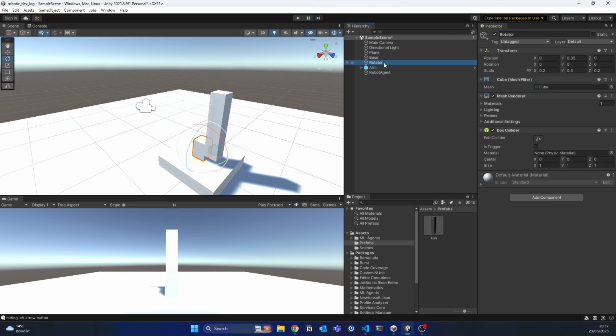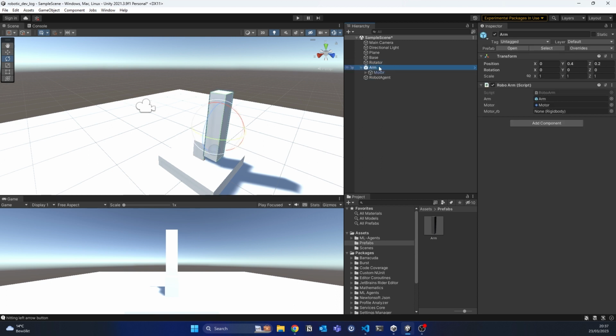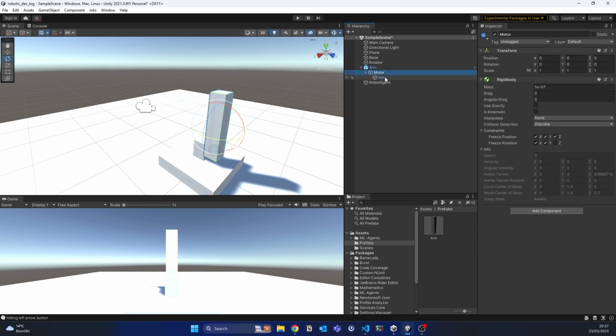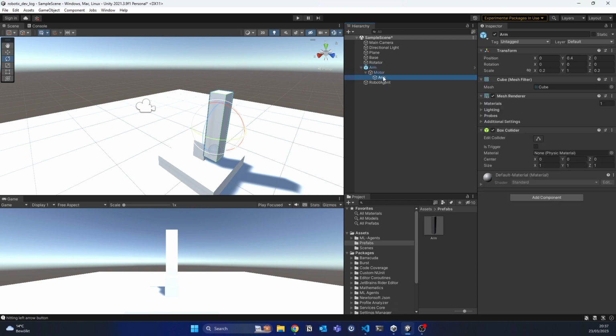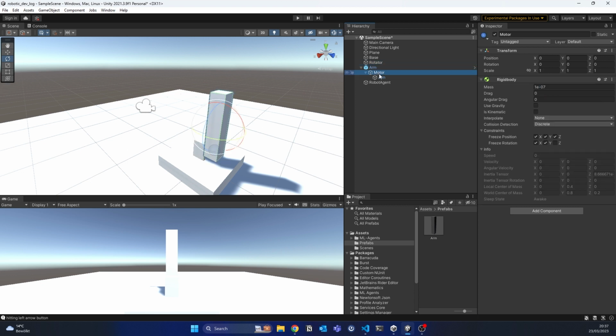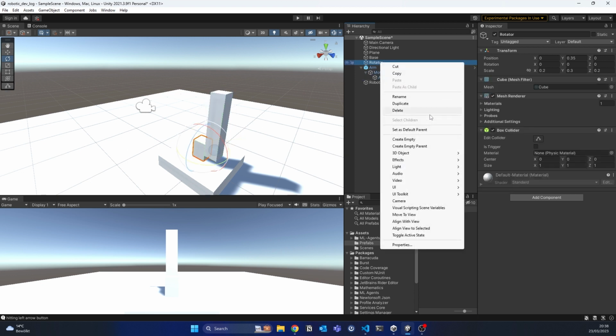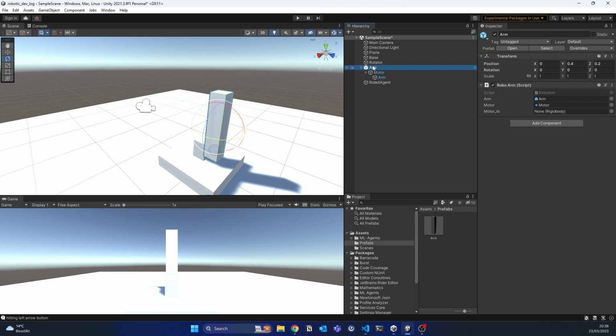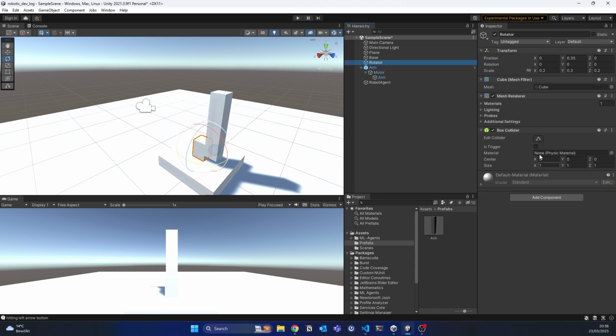Okay, let's try this. Okay, rotator. What we have to do is similar to what we're doing here in our arm. Here is our motor. This is our arm. We're gonna do the similar thing here. So we're just gonna add a motor as well, even though this guy doesn't have a rigid body, box collider, so we can I guess remove that.